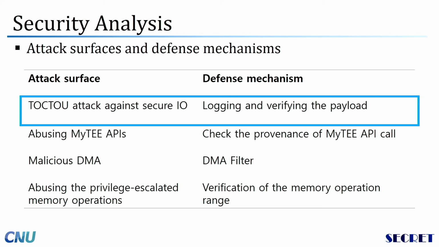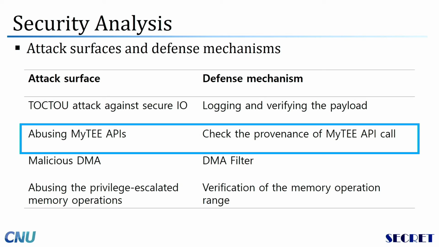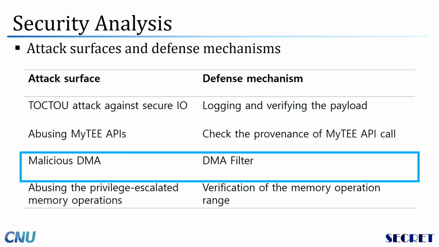Several attack surfaces to MyTEE and TPM can be summarized as follows. First, to defeat malicious command injection to the peripheral that is involved in the secure I/O, we log and verify every command to the peripheral device. To prevent API abuse, we restrict the API to be invoked only from the statically compiled context.